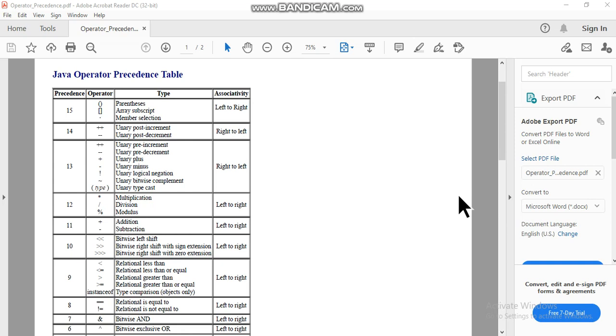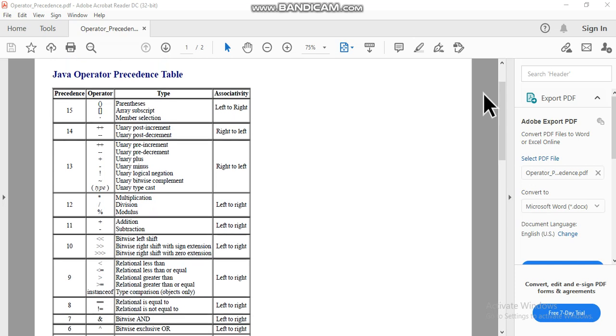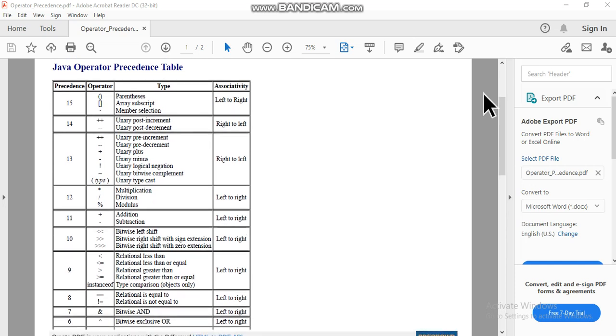After that, we have the equality operators, equal to and not equal to. We use these during comparison in a conditional expression, such as a not equal to something, to be true or false, or equal to, which checks the equality of two operands. For these also we have left to right. After that come the bitwise AND, exclusive OR, and such operators, which also have associativity from left to right.